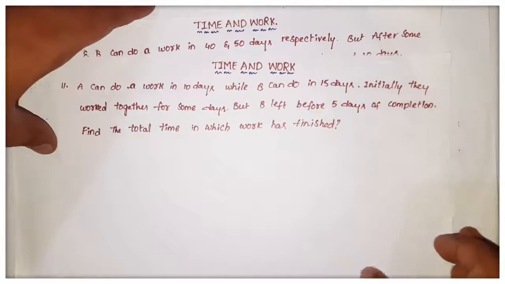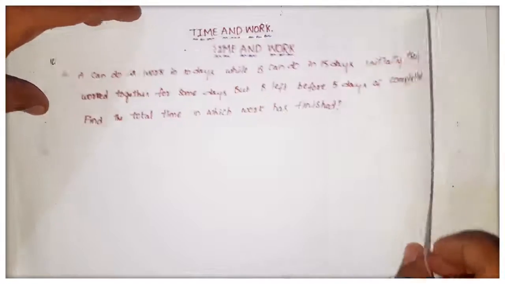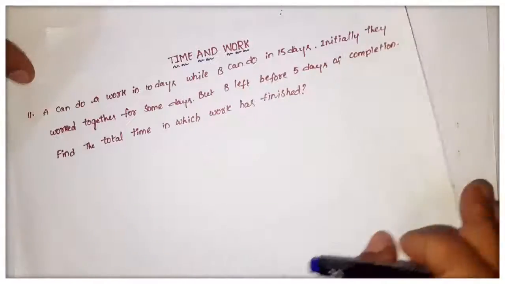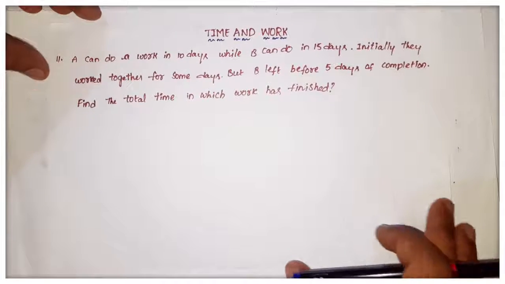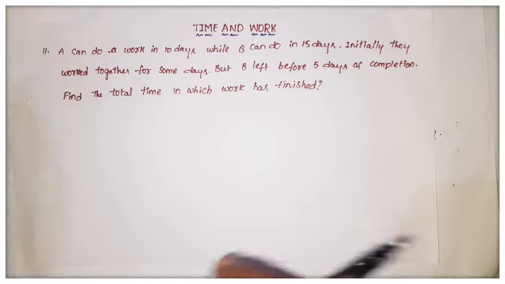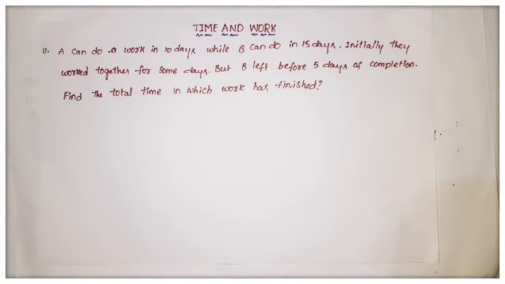Example number 11, we will see. A can do a work in 10 days while B can do it in 15 days. Initially they worked together, but B left 5 days before completion of the work.